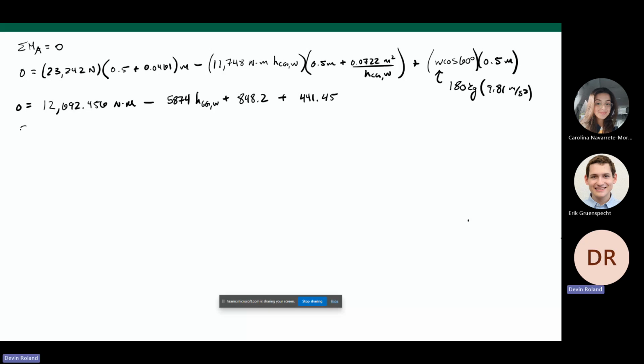So we'll move this side over, and that will be equal to 12,692.456 plus 848.2 plus 441.45, which should give you 13,982.106, which would mean that HCGW is equal to 5874.